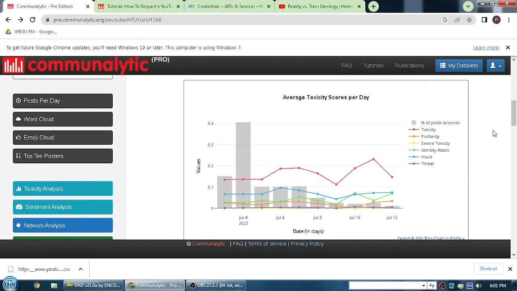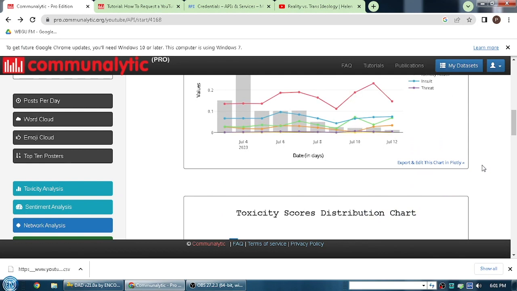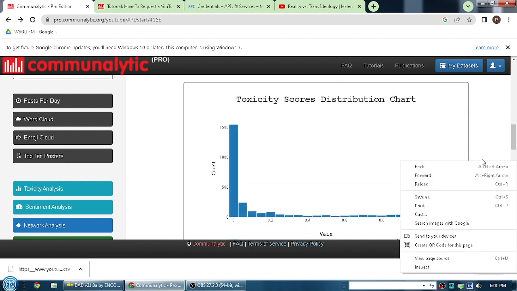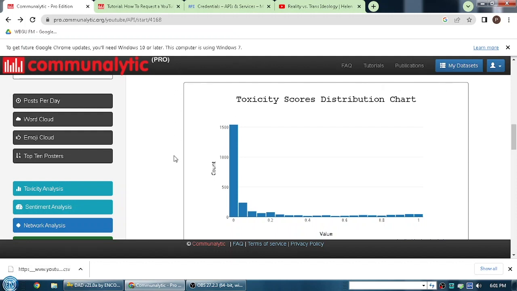So I'm glad that Communalytic breaks it down into these different categories, because there are different assumptions or conclusions that you can draw from these different areas. Let's look at the toxicity score distribution chart. It looks like the highest values are on the low end.